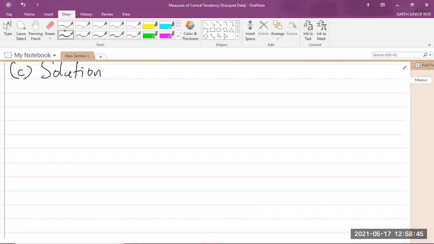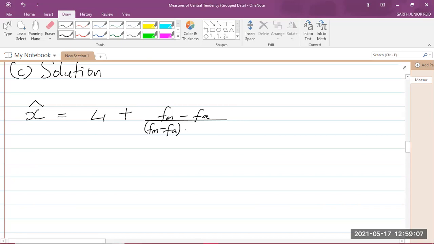The mode is equal to L1 plus Fm minus Fa, divided by Fm minus Fa in brackets, plus Fm minus Fb, all multiplied by the class width or the class size.